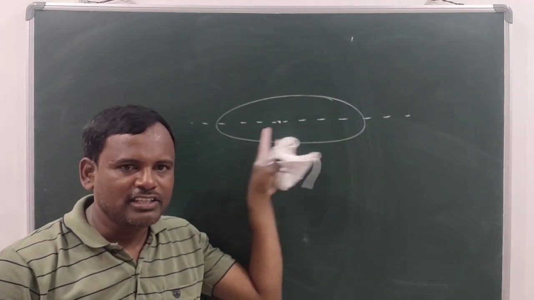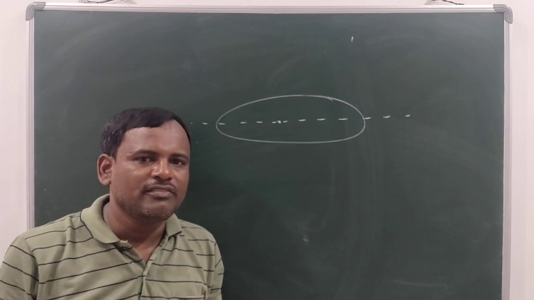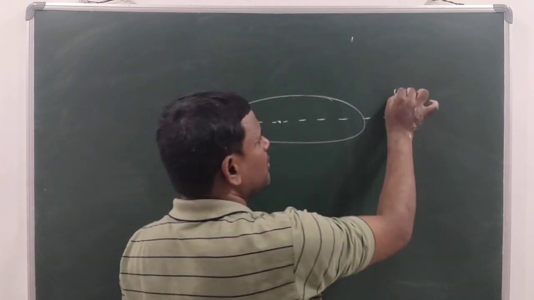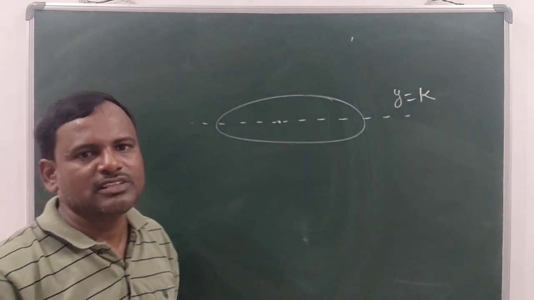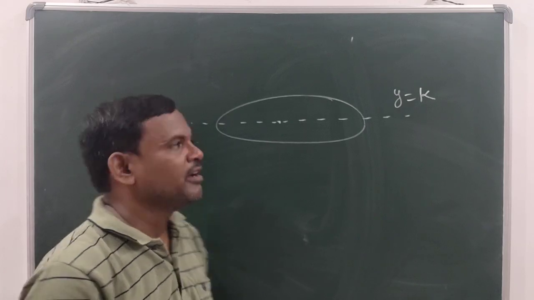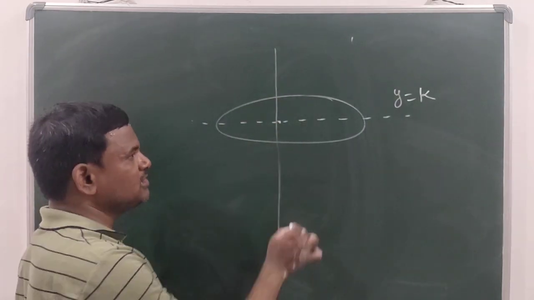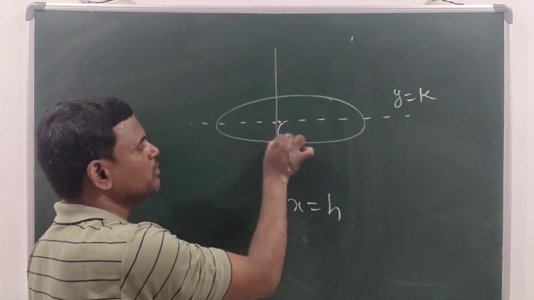If a line is parallel to the x axis, meaning horizontal, the y coordinate of every point is the same, so the equation of the major axis for the previous ellipse is y equal to k, and the equation of the minor axis is x equal to h, because both pass through h comma k.